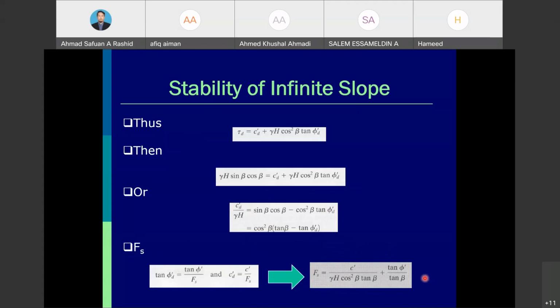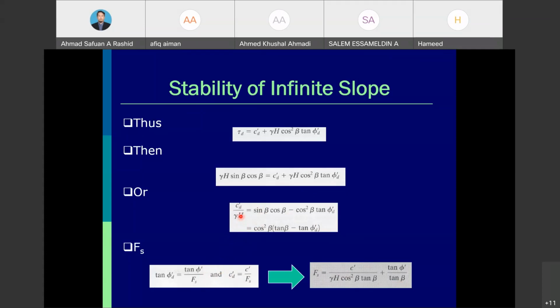So you need to try on your own how to get this formula based on these two formulas.